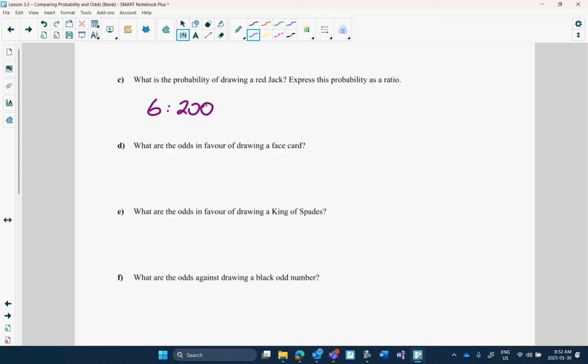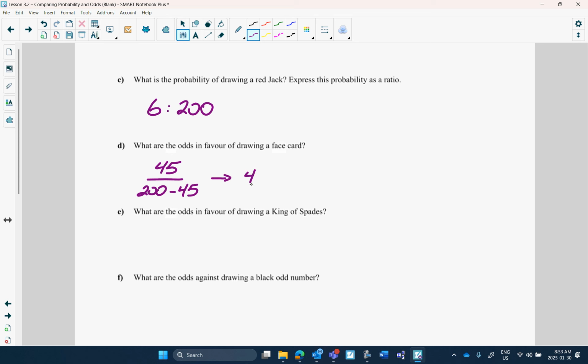So what are the odds in favor of drawing a face card? How many ways can I draw? How many ways was it not drawn? 200 minus 45, right?